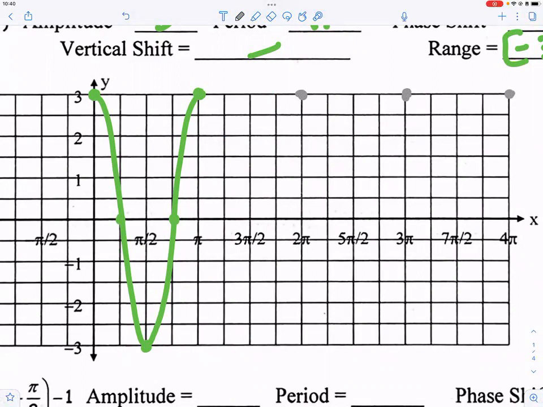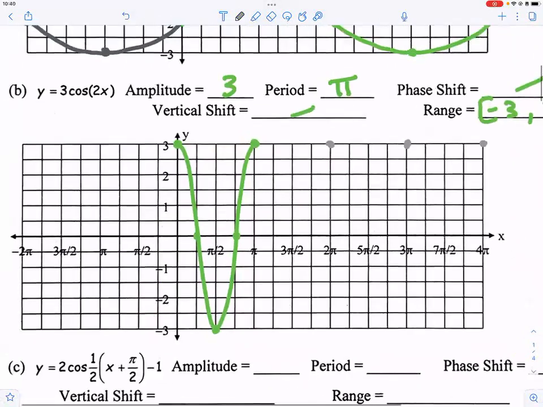Okay, let me do the part on the left as well. 1, 2, 3, 4, highest point. 1, 2, 3, 4, highest point. The same thing for the lowest point. So 1, 2, 3, 4, repeated across the graph.